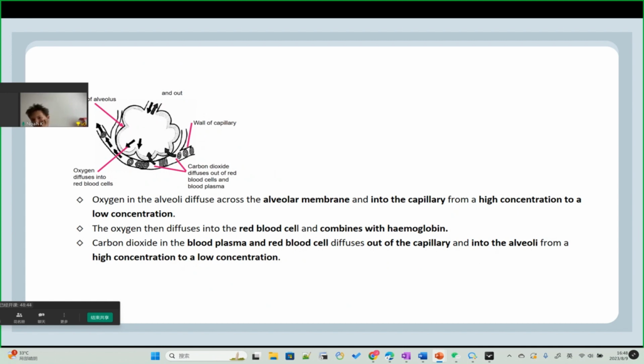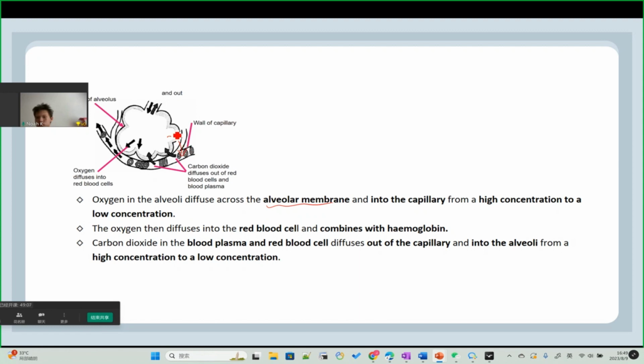So here is the process of gas diffusion between alveoli and the blood. We say that the membrane surrounding alveoli is called alveolar membrane. And then oxygen will move from the alveoli into the blood down a concentration gradient.